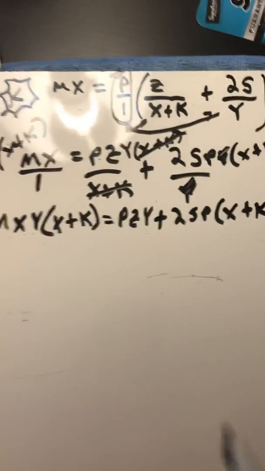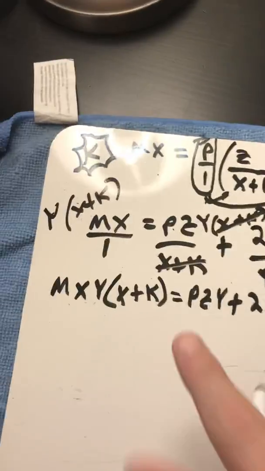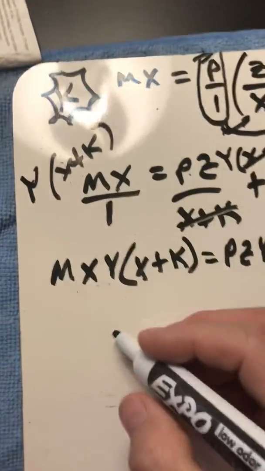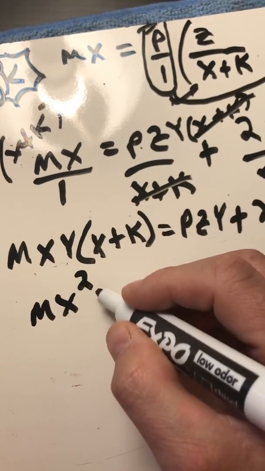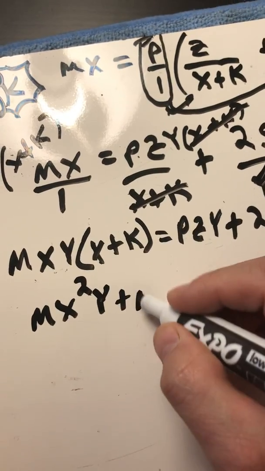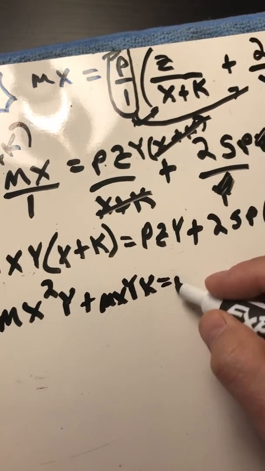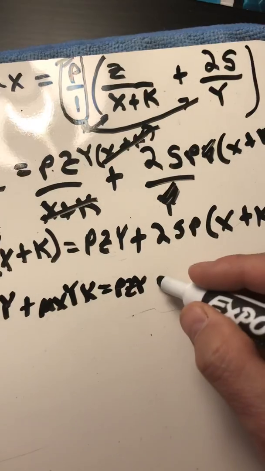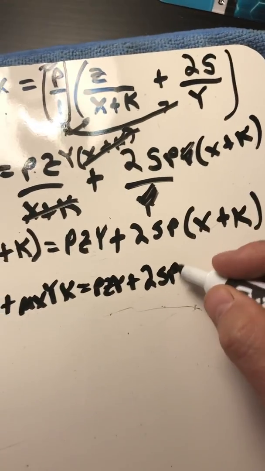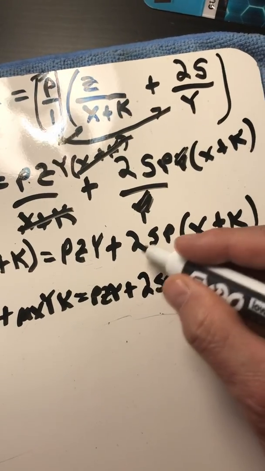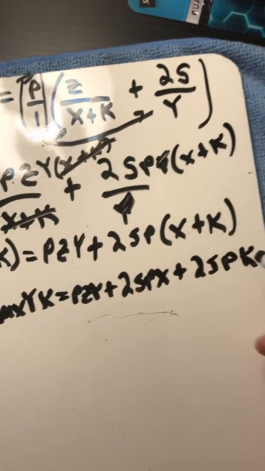No big deal. But we're going to have to distribute here and here, here and here before we can solve for k. So this will be mx squared y plus mxyk equals pzy plus 2spx plus here and here, 2spk.